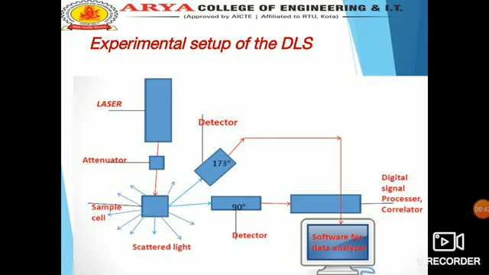And this is the experimental setup for the DLS. From the laser beam, the signal is transmitted and goes to the sample cell through an attenuator.